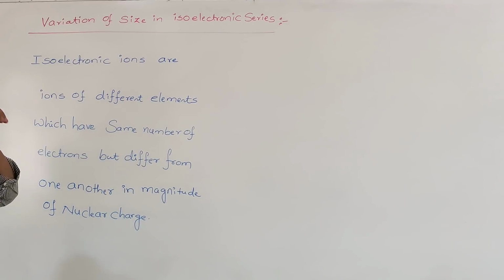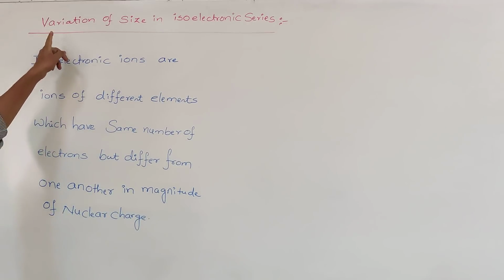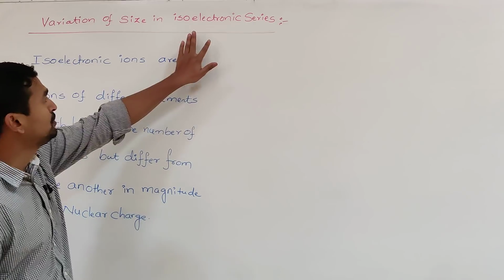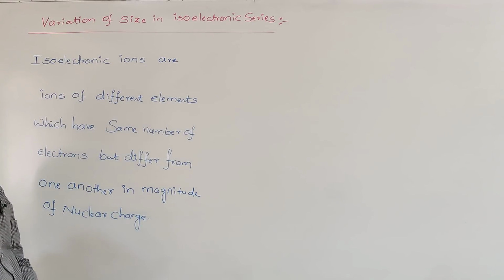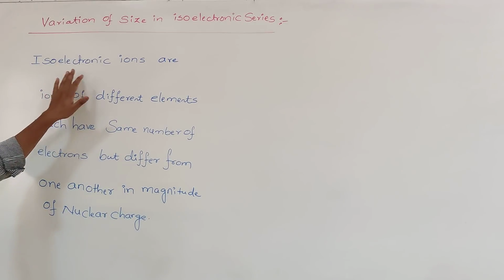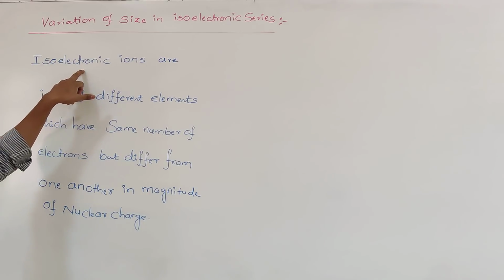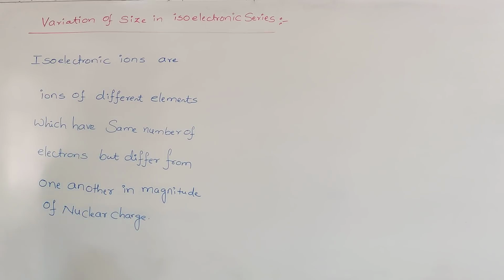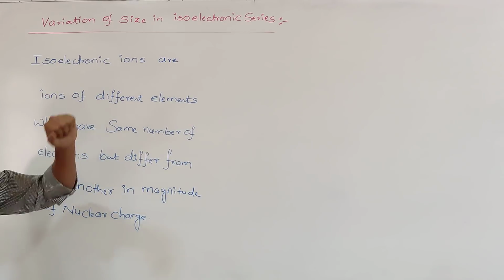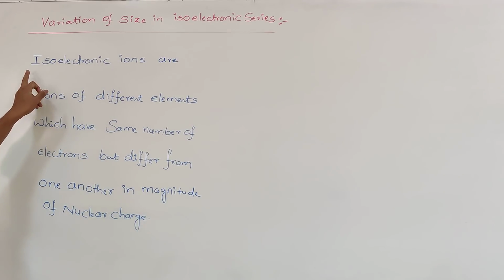Another important topic in ionic radii is the variation of size in an isoelectronic series. What do you mean by the isoelectronic series? Which ions are called isoelectronic ions? Iso means same number of electrons. Whichever species have the same number of electrons are called isoelectronic ions.